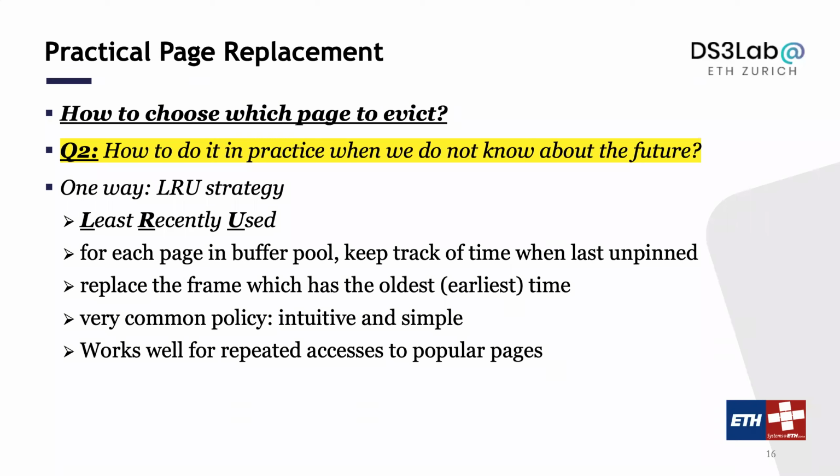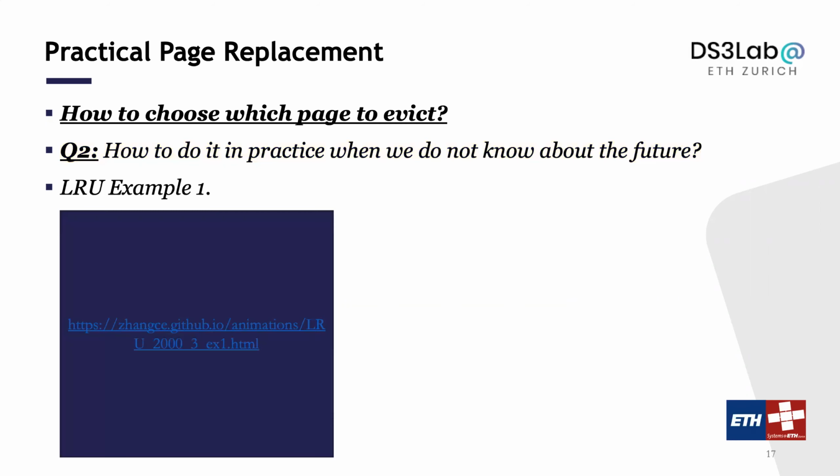Then you replace the frame which has the oldest or earliest time, so that is the one that is least recently used. It's a very common strategy, intuitive and simple, and it works well for repeated access to popular pages, which is often the case for many applications.